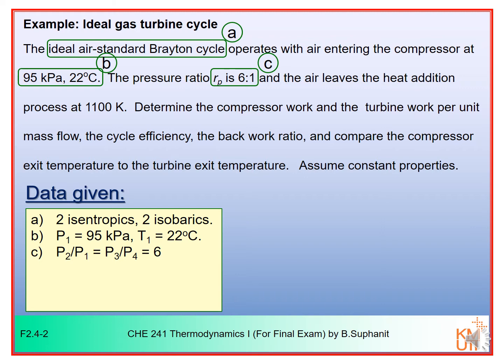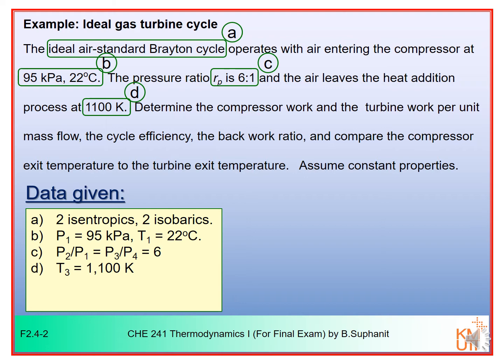Next, the air leaves the heat addition process at 1100 Kelvin. It means that the temperature of air leaving the combustion chamber at point 3, or T3, is 1100 Kelvin.